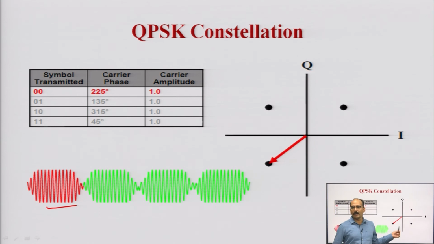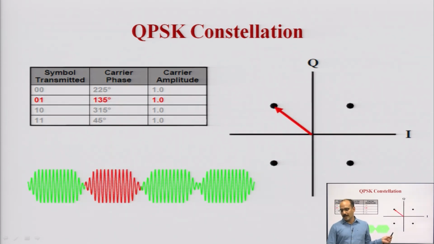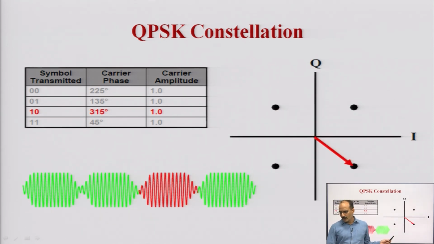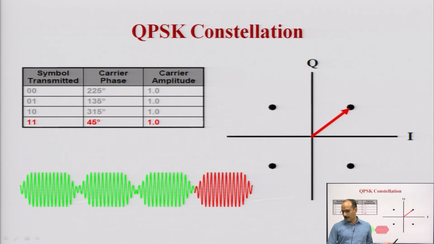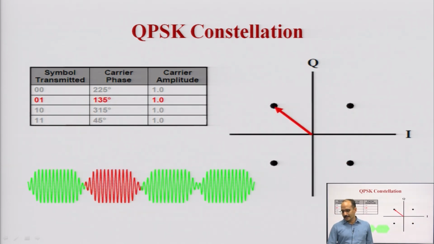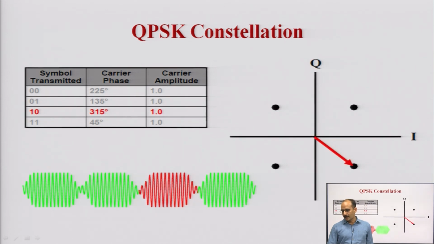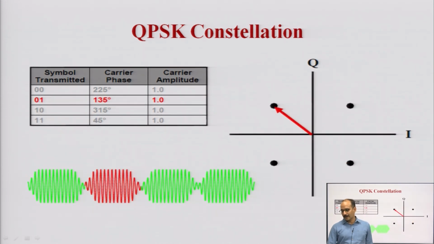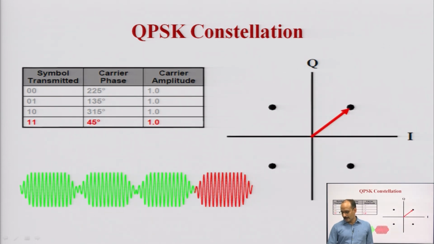You can see here that in the first part, for 00 the carrier phase is 225 with carrier amplitude 1, for 01 it is 135 with amplitude 1, for 10 it is 315, and for 11 it is 45. So, you can easily understand this QPSK modulation scheme as per the phase changes and the carrier changes.